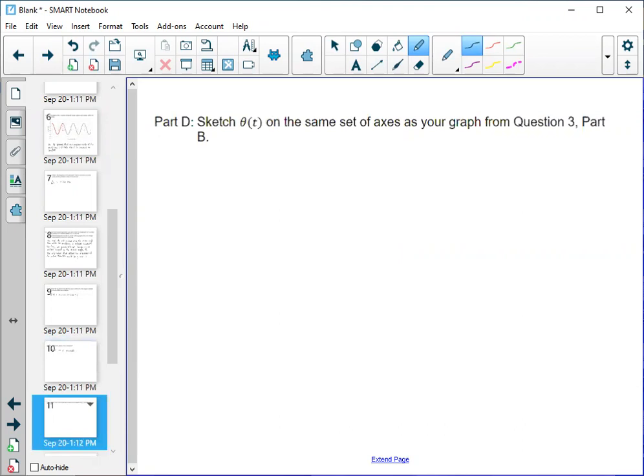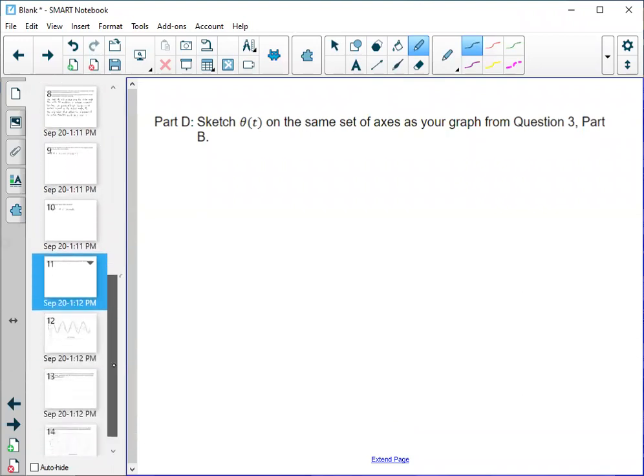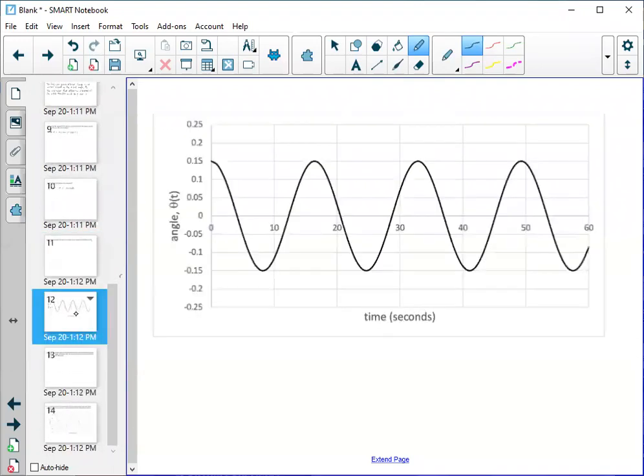Part D. Sketch theta of t on the same set of axes as your graph from question 3, part B. So here we go. That's the same graph that we saw back a few screens ago. And to sketch this, let me just do it in another color. How about green? We're going to sketch this, and the amplitude is going to be 0.2.